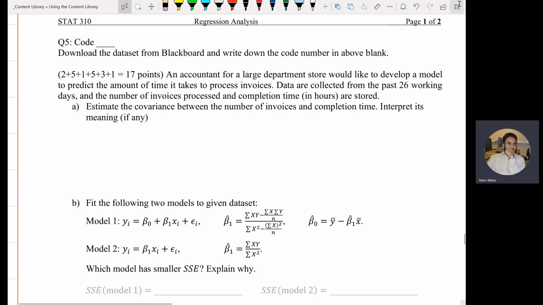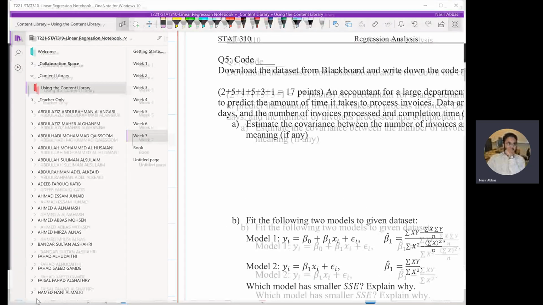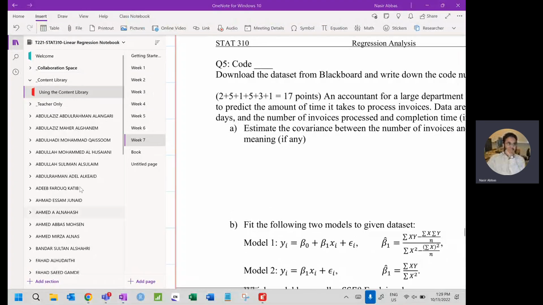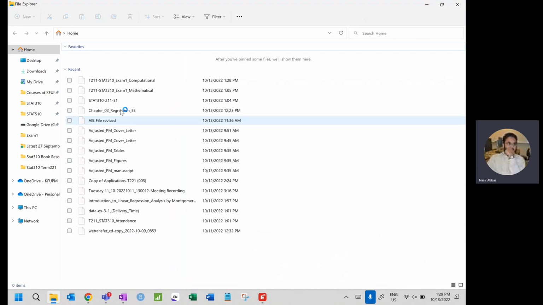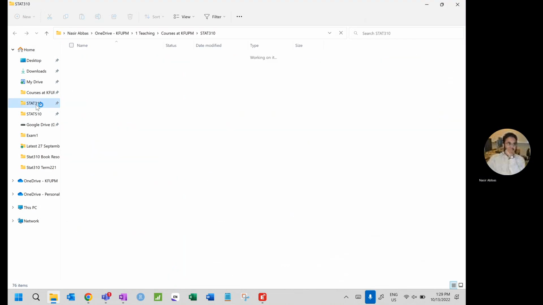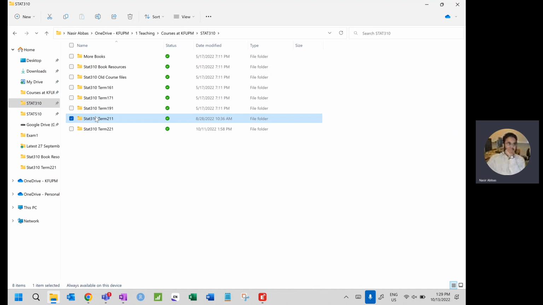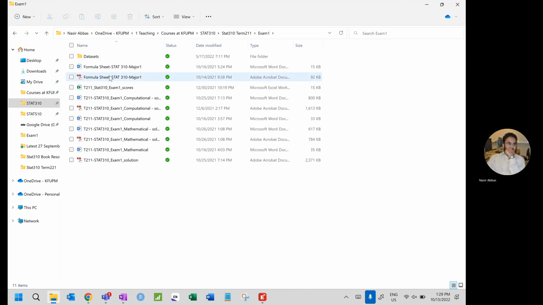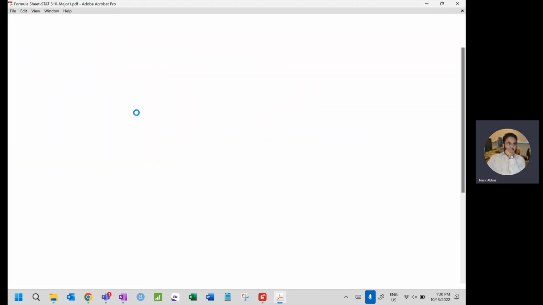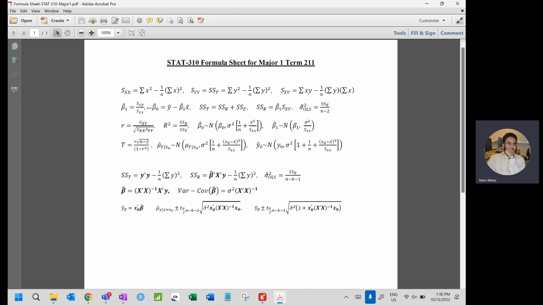Let me open the formula sheet for you also to show you that these formulas will be given for the computational section. Look here. The formula for SXY is given here.